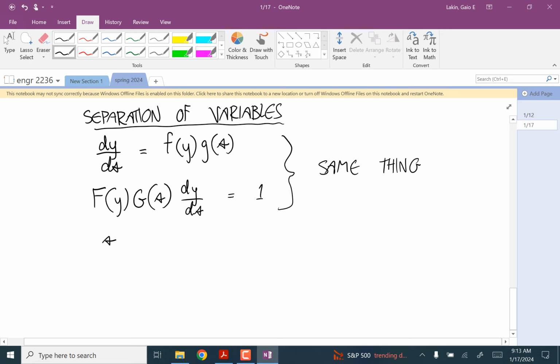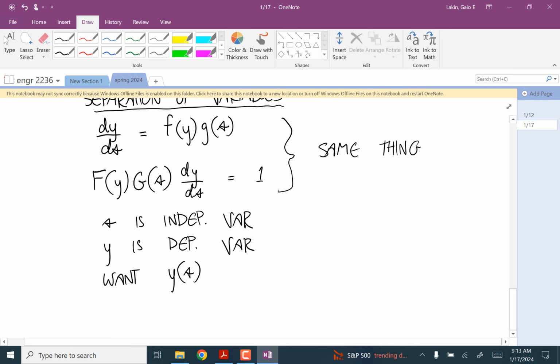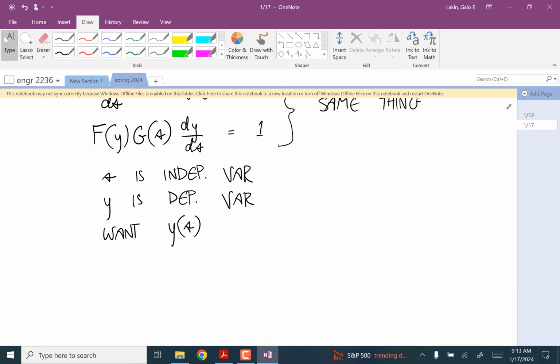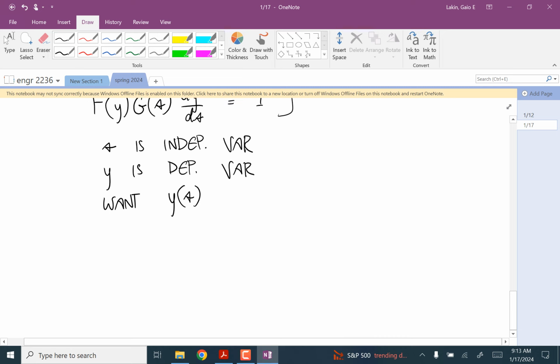So s is the independent variable, and y is the dependent variable, which means that we want to find y as a function of s. And so what we're going to do is get all the y stuff on one side, all the s stuff on the other side.